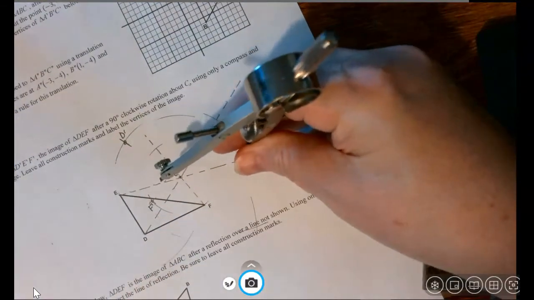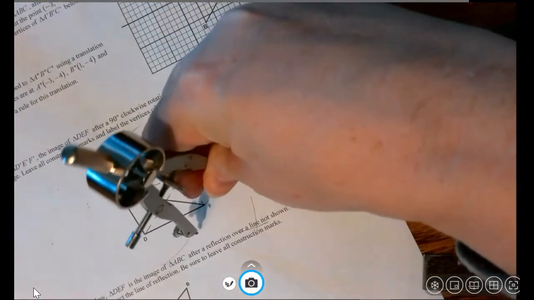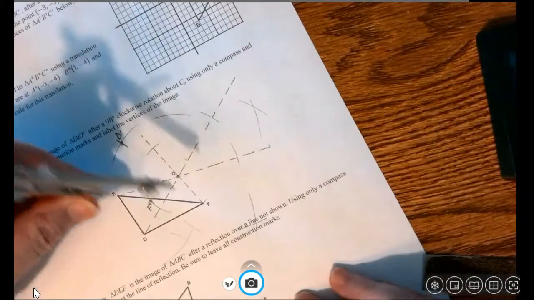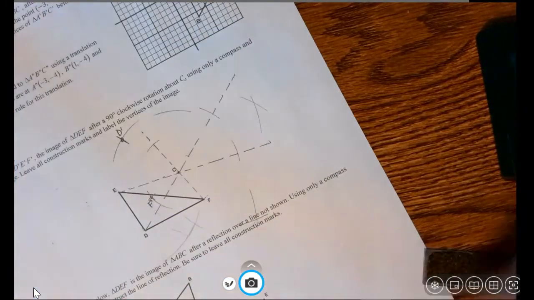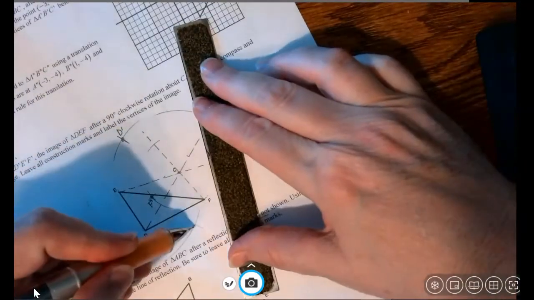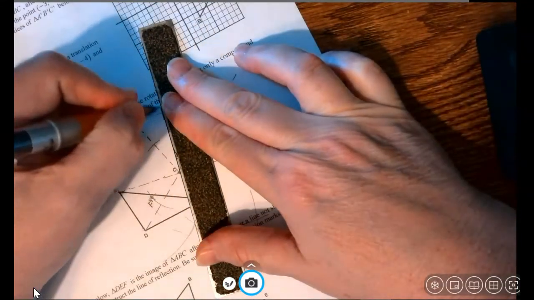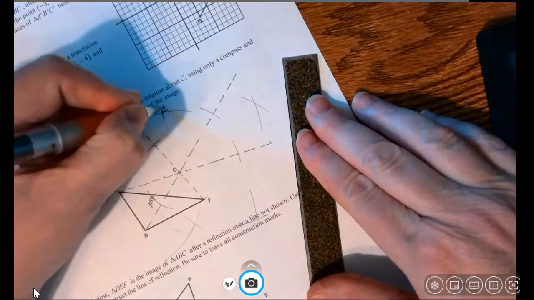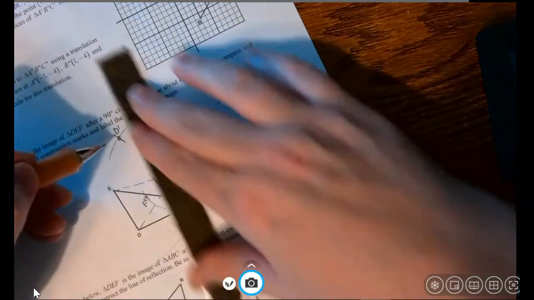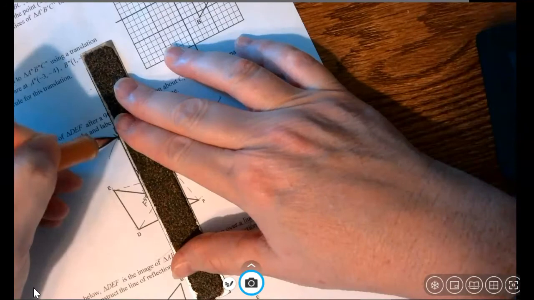So maybe here, and here. And so point E prime is going to be right here. So my new triangle then is here.